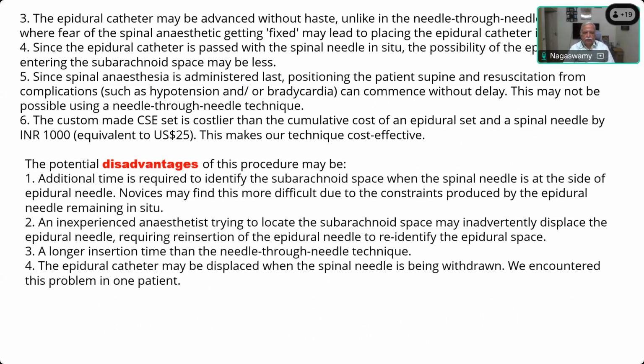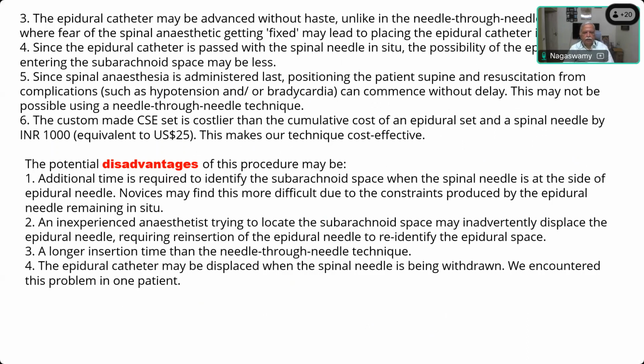But any technique has its own advantages and disadvantages. The disadvantages are there is additional time required to identify the subarachnoid space when the spinal needle is on the side of the epidural needle. So learners or beginners may find it more difficult to do this.